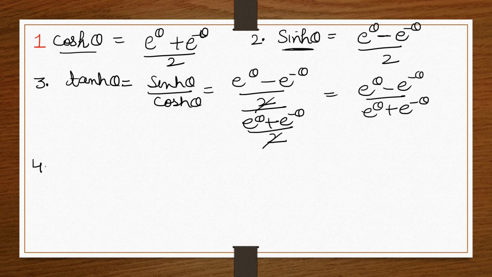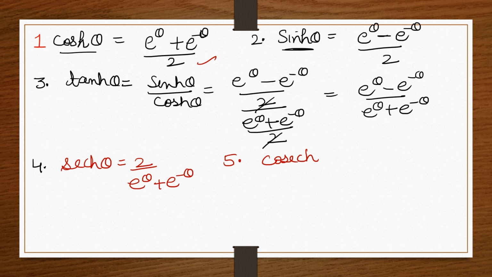Now next, what is the formula of secant hyperbolic theta? So this is the reciprocal of cos hyperbolic, so 2 over e power theta plus e power minus theta. Now next, what is cosecant hyperbolic theta?